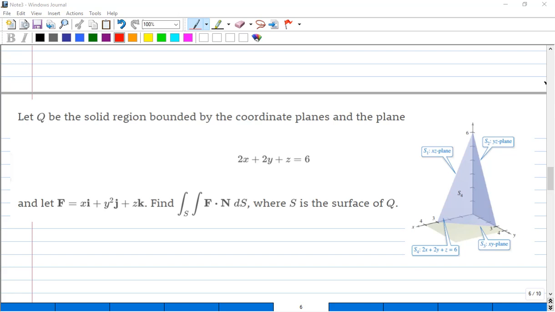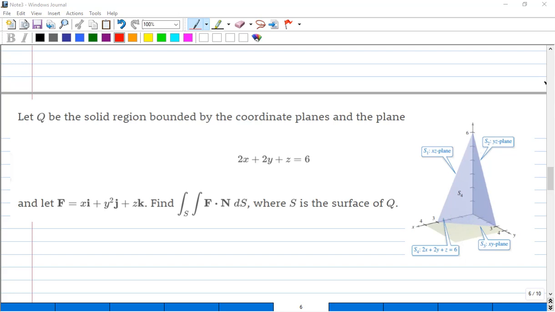Instead of working out 4 surface integrals, because Q is bounded by 4 different surfaces: there's a surface, the xz plane, there's a surface, the yz plane, there's a surface, the xy plane, and there's a surface, and that was our equation.